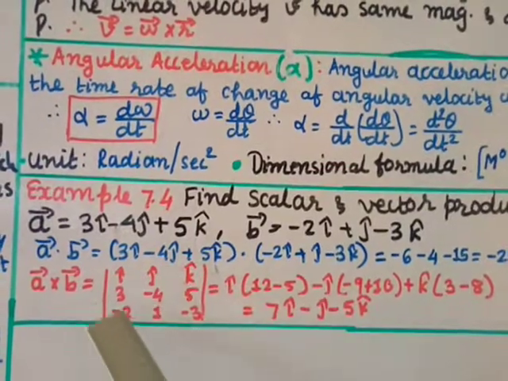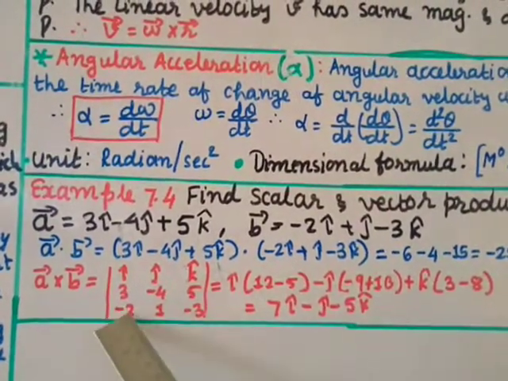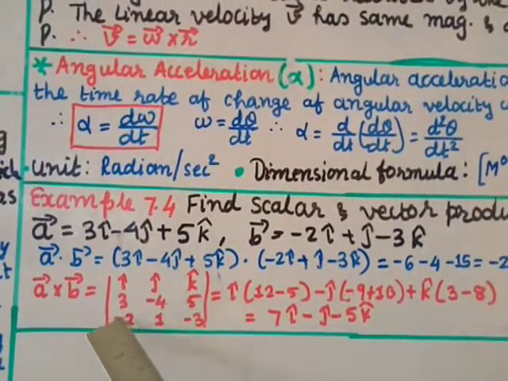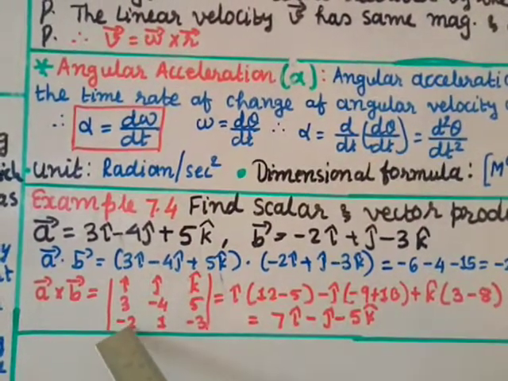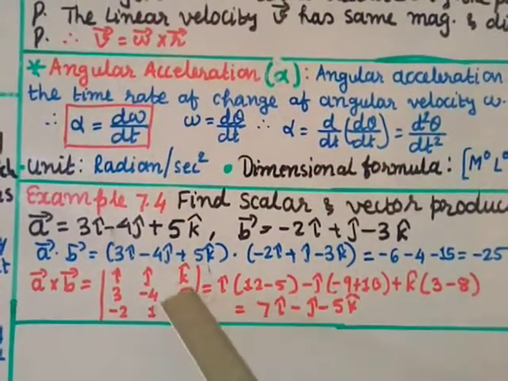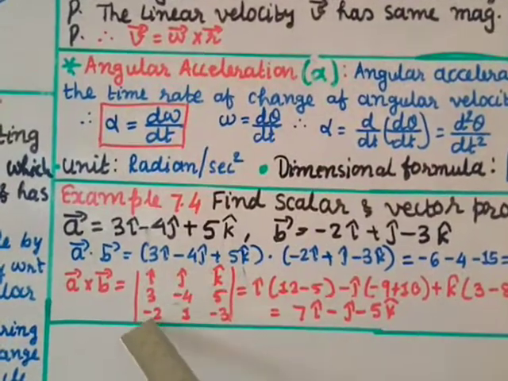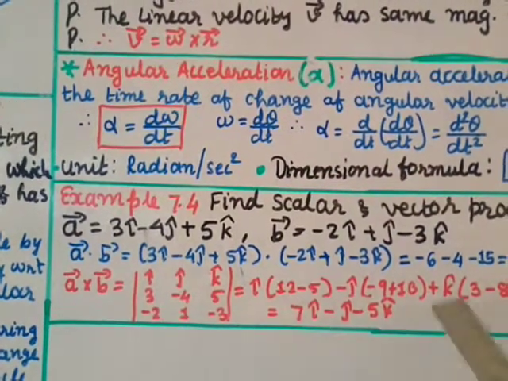Minus j cap: 3 into minus 3 gives minus 9, minus 2 into 5 is minus 10, but there is a minus in the formula, so it becomes plus 10. Plus k cap: 3 into 1 is 3, minus 2 into minus 4 is plus 8, so minus 8.